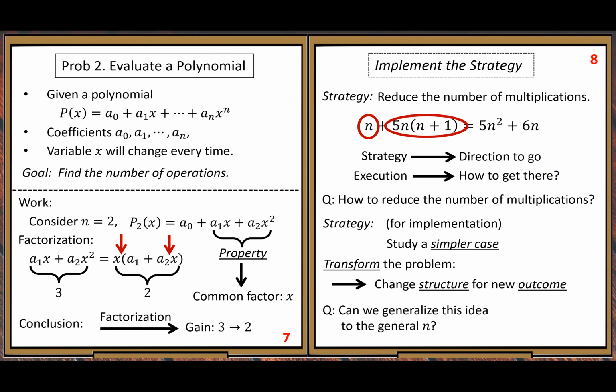I want to show the power of a good algorithm. When you do an algorithm in an extremely smart way, how much gain can you get? How significant? I let you feel it. That's our first project.